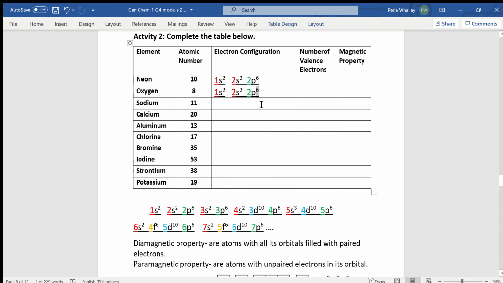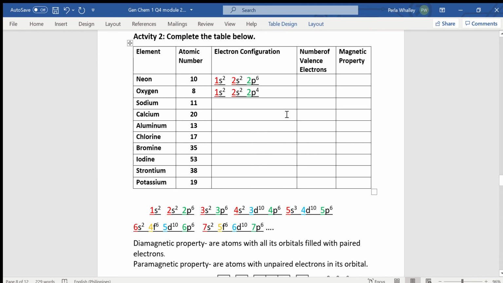Remember that a p could be p1, p2, p3, p4, p5 or p6, but never p7 or 8. So to make it 8, this 6, we need to change it to 4. 1s2, 2s2, 2p4. So the total is 8.